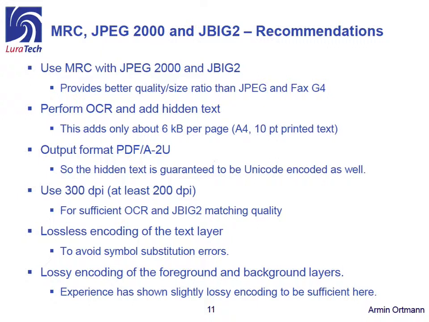We would always, unless there are really hard cases to be made against it, because you're totally pressed for file size, or because you cannot afford the extra compression time or cost for performing the OCR. Unless that's the case, we would really recommend performing OCR while you're at it.